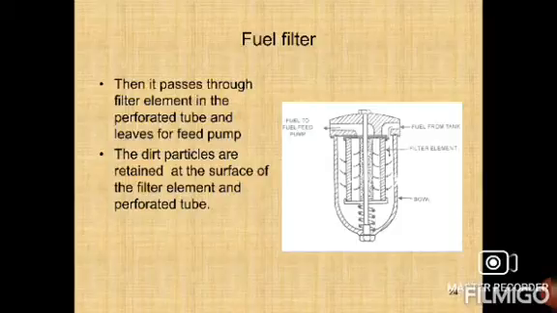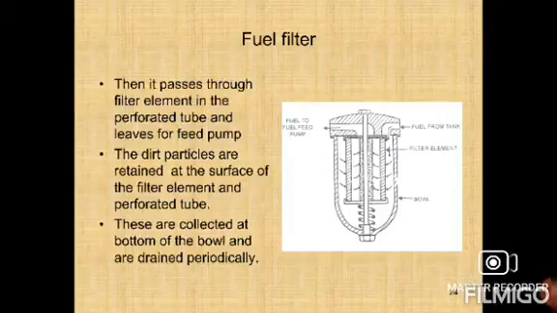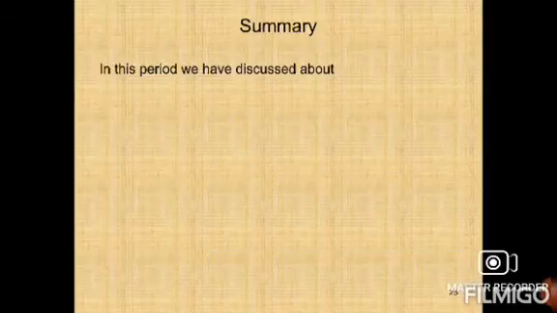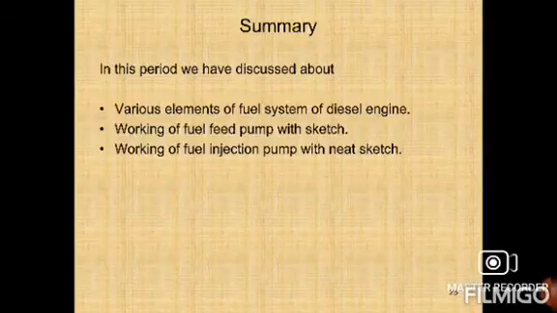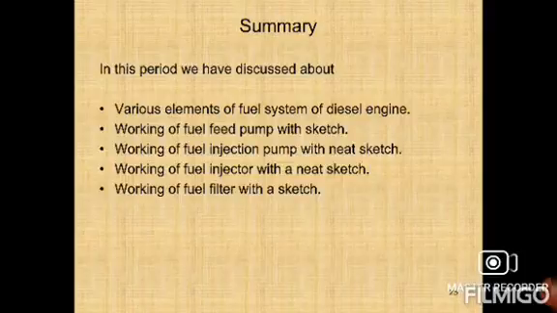The dirt particles are retained at the surface of the filter element and perforated tube only. These are collected at the bottom of the bowl and drained periodically. These are the main functions of the fuel feed system.